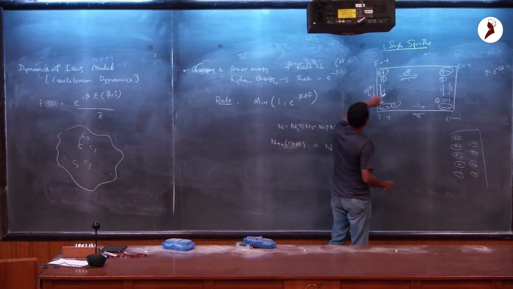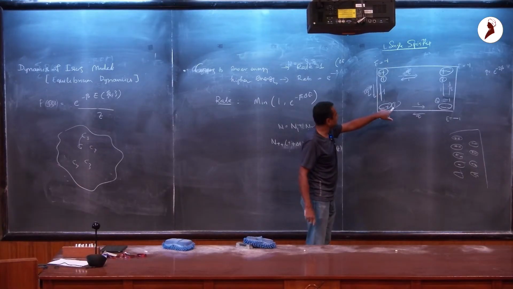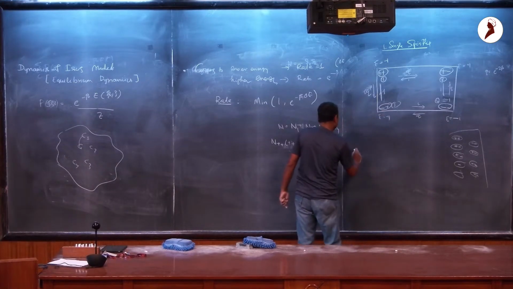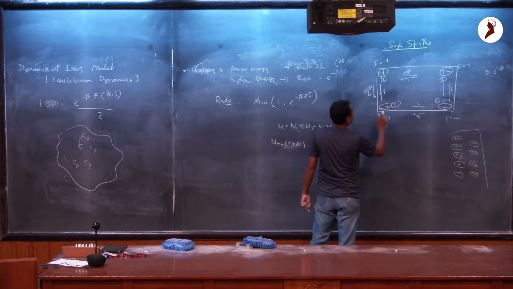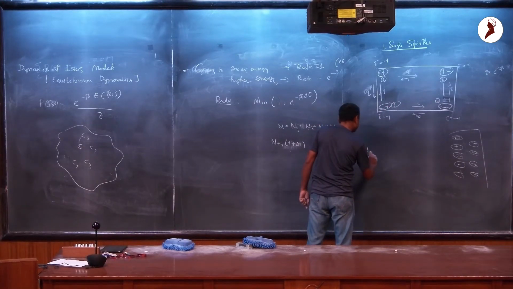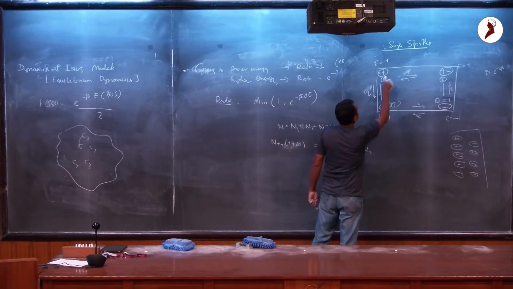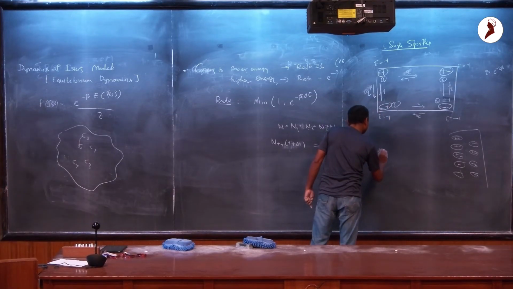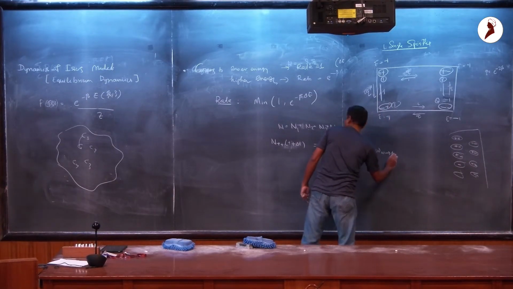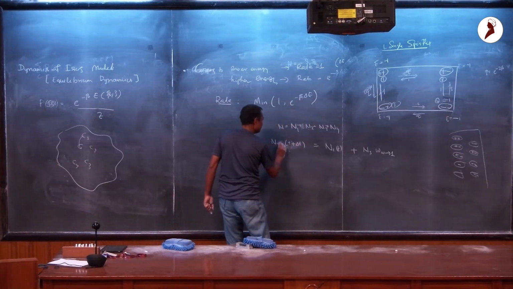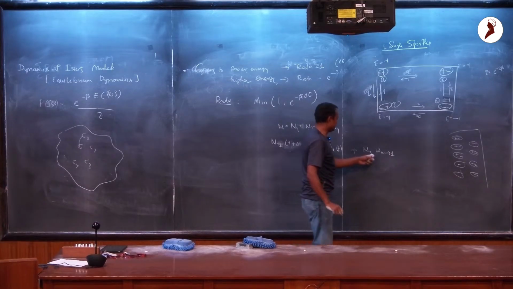Now gain will happen from n3, so plus those which are at 3, n3, and they will come to 1 with W3 to 1.